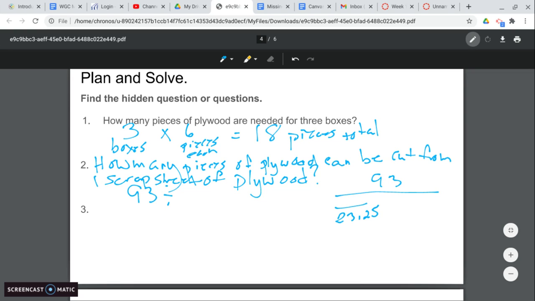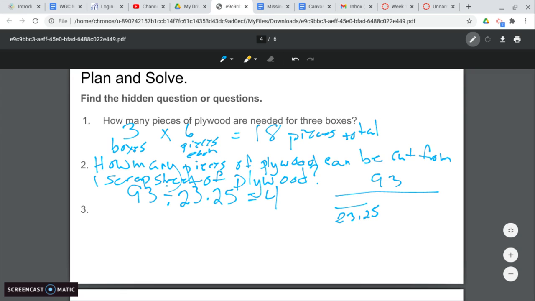Well, we're going to divide. 93 divided by 23.25 is going to give us 4. So if we do 23.25 plus 23.25 plus 23.25 plus 23.25, we'll find that it's 4. So it will go in exactly. So there are 4 pieces that can be cut from 1 sheet of plywood.